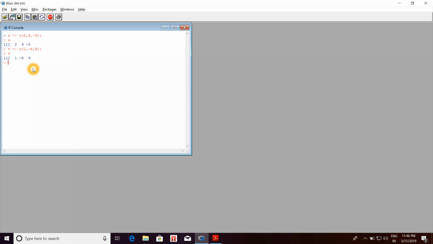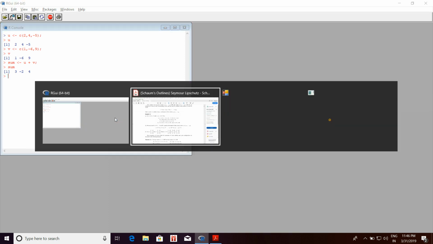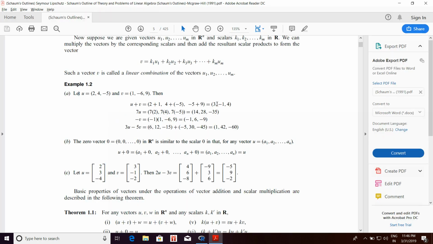So if you want to sum the two vectors, sum will be u, we use the plus operator, and v. Sum will be 3, minus 2, 4. So 3, minus, so I think the book has an error, because it is 4 and minus 6, so it is minus 5, so I think it should be minus 2.